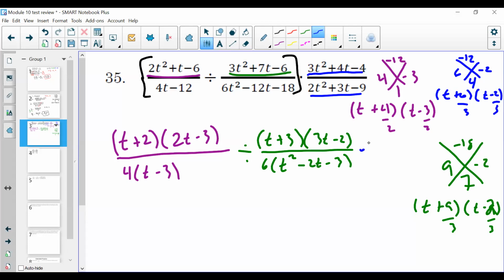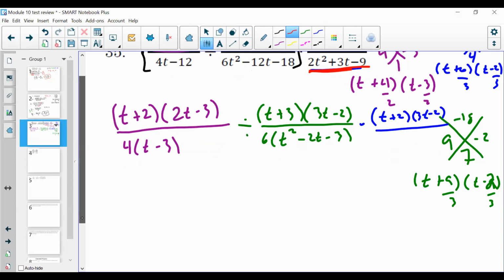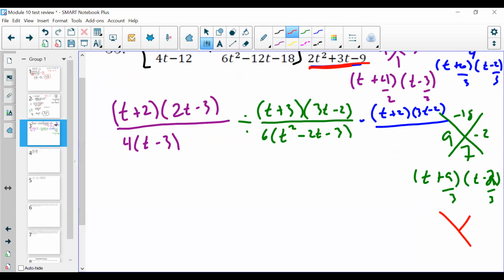And we get that we're going to multiply the top by t plus 2 and 3t minus 2. And the bottom, we'll do that in a different color. We'll do that in red right here. And that one, I want factors of -18 that add up to 3. That's going to be -6 or +6, sorry.